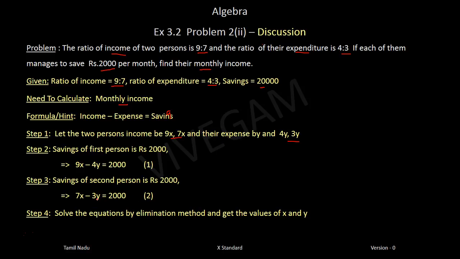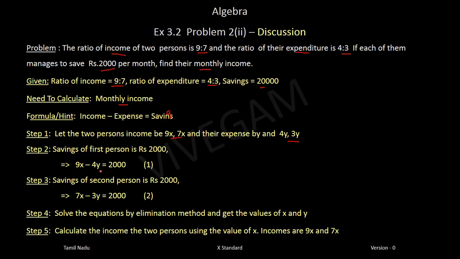The coefficients of y will become the same, and then you can eliminate y, calculate x, and thereafter substitute the value of x in one of these equations and calculate y. Once x and y are calculated, you can calculate the incomes, which are 9x and 7x. So what I suggest is pause the video here and try to do the problem on your own, and on completion please come back and check your working against our solution.